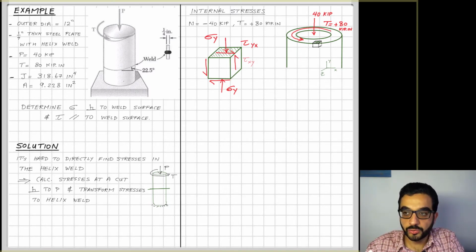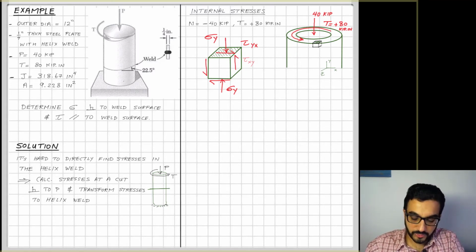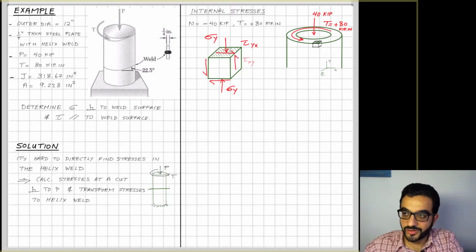But there are also shear stresses developing to be in equilibrium with tau yx that I have directly from the torque. So there will be transverse shear stress in the plane of the section, and then longitudinal shear tau xy.